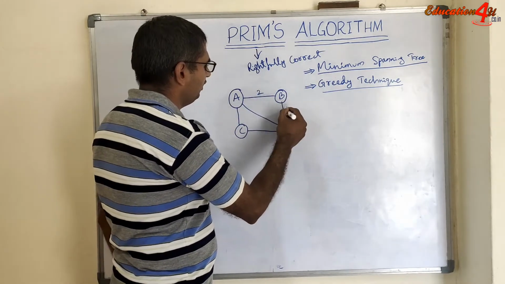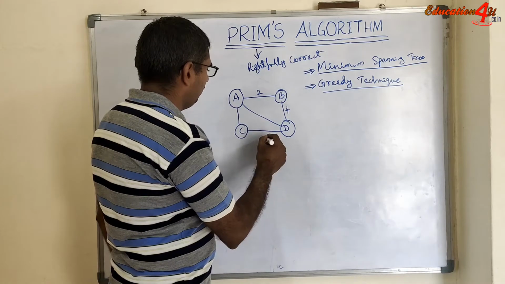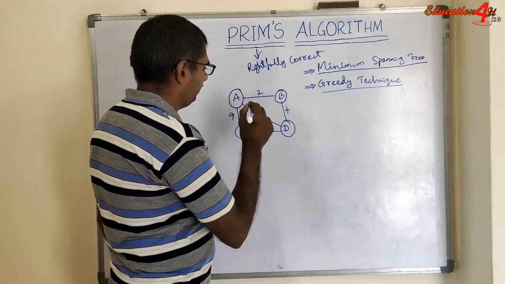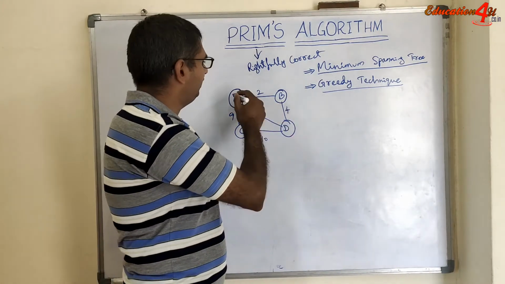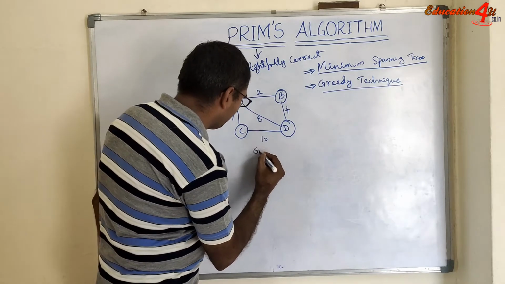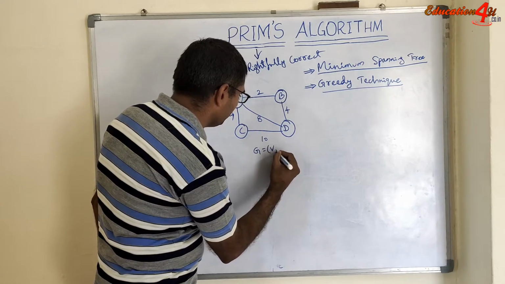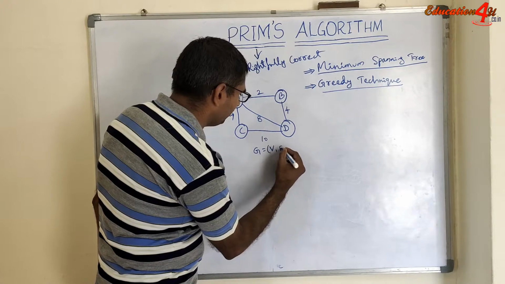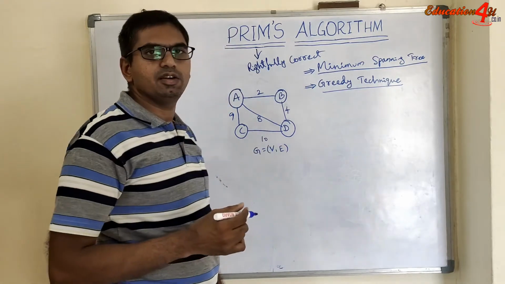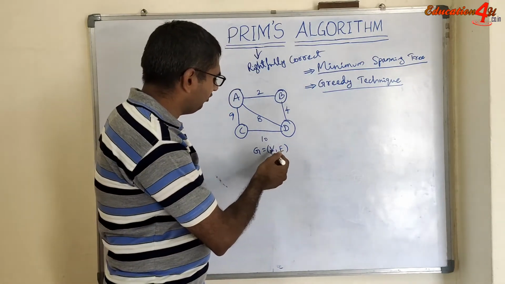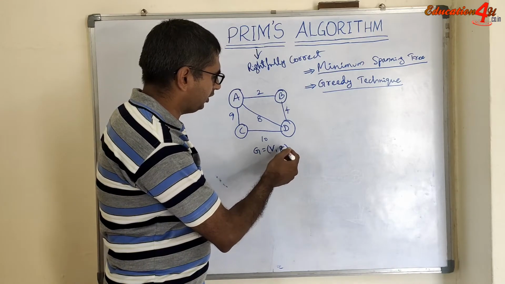Suppose this is 2, 4, 10, 9, 8. Suppose this is our given graph G equal to set of vertices and set of edges, V and E. Because these are sets, we are denoting them in capital letters.